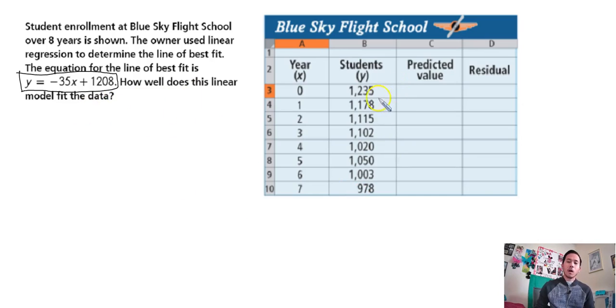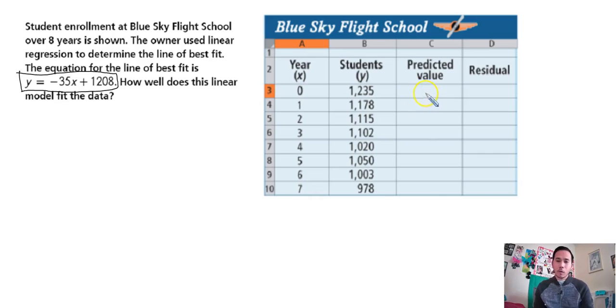First, we have to use this equation, because this is not the predicted value, sorry, it is the number of enrollment based on the owner, because the owner used linear regression here.